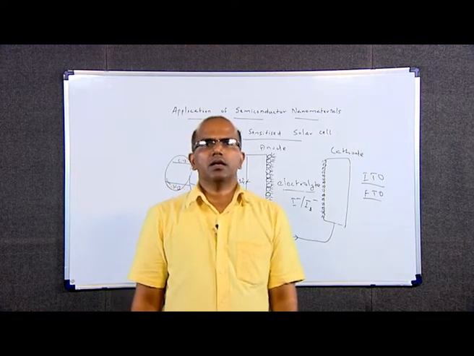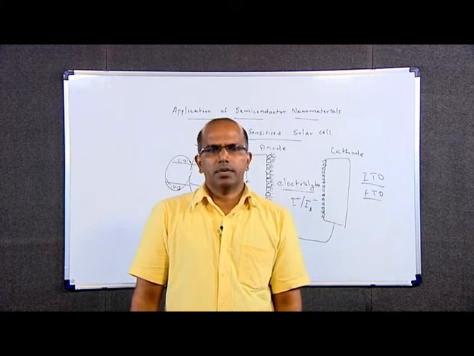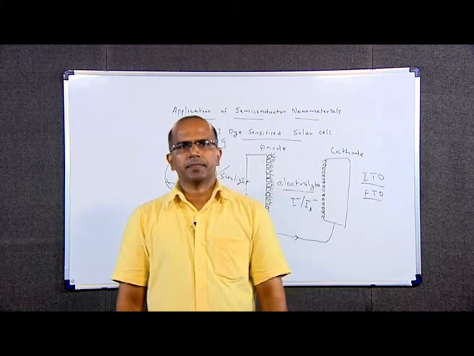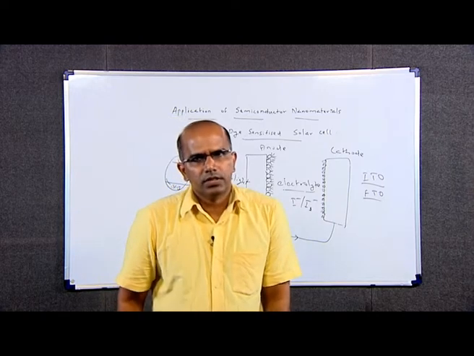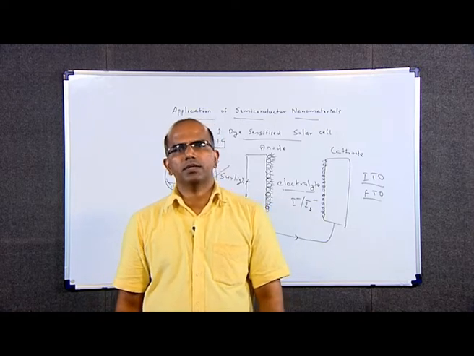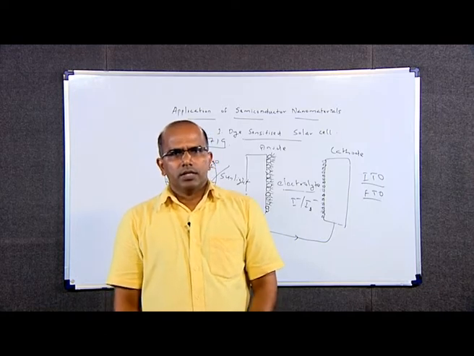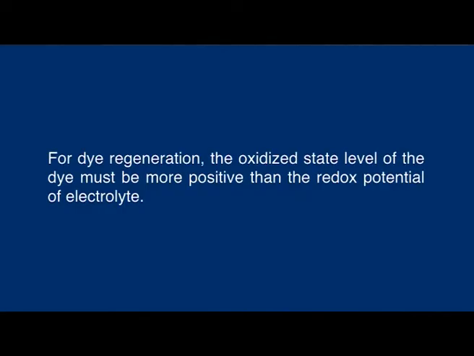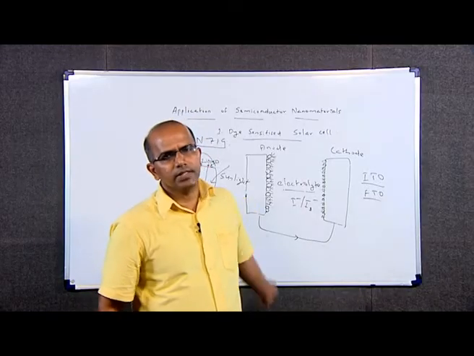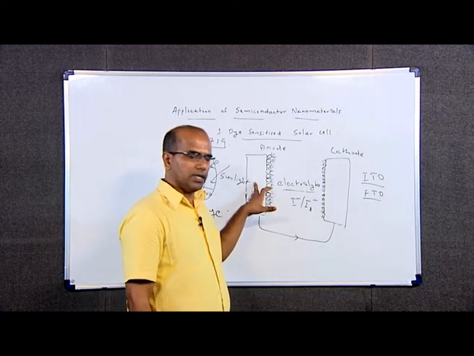The excited state level of the dye should be higher in energy than the conduction band edge of the semiconductor, so that an efficient electron transfer process between the excited dye and the conduction band of the semiconductor can take place. And fourth is, for dye regeneration, the oxidized state level of the dye must be more positive than the redox potential of the electrolyte, because the dye is now losing one electron, which moved to the semiconducting oxide and ITO plate.